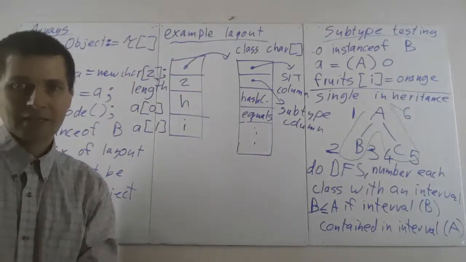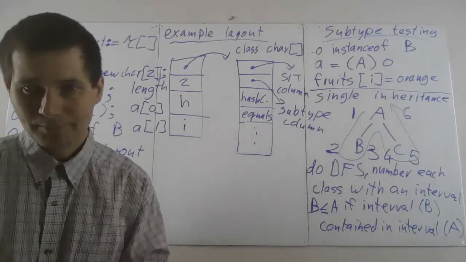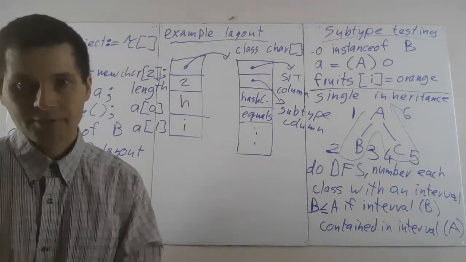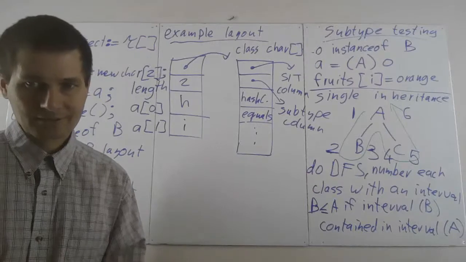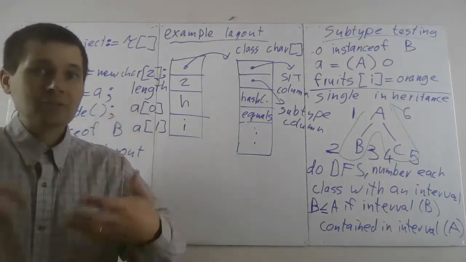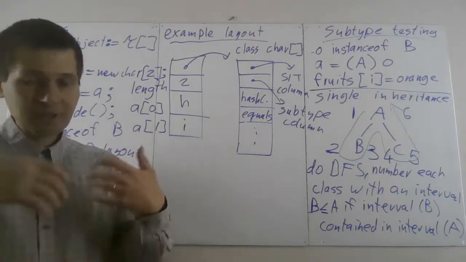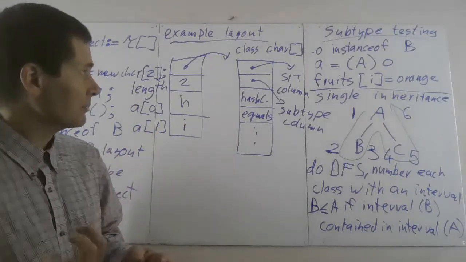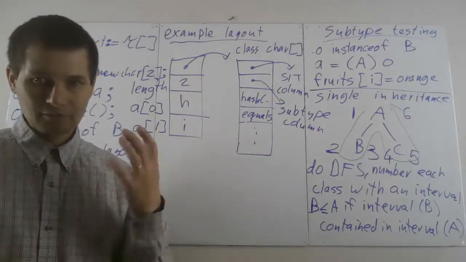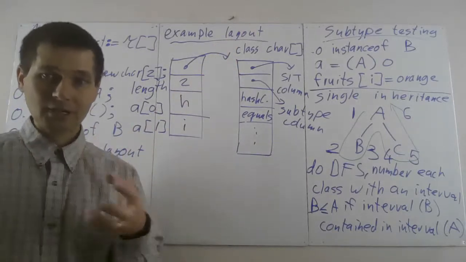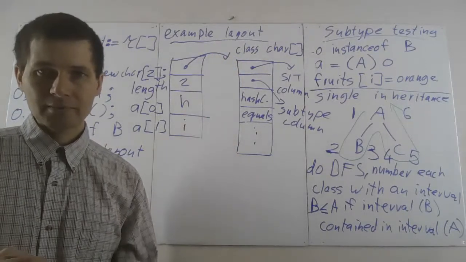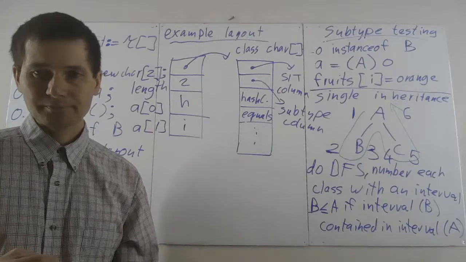Is an orange a subtype of apple? Okay. Right, so the selector index table doesn't need to distinguish, but for the subtype testing, you are going to need to be able to determine at runtime the dynamic type of the array. So you do need enough distinguishing information in an array to be able to tell that information.